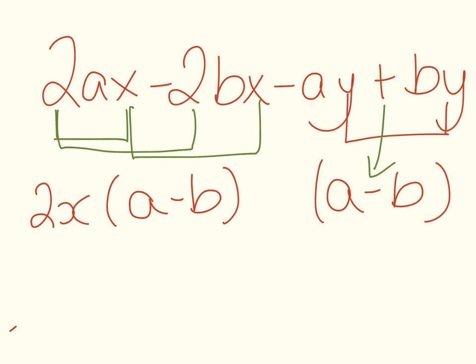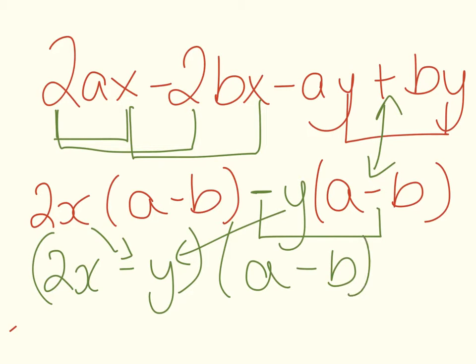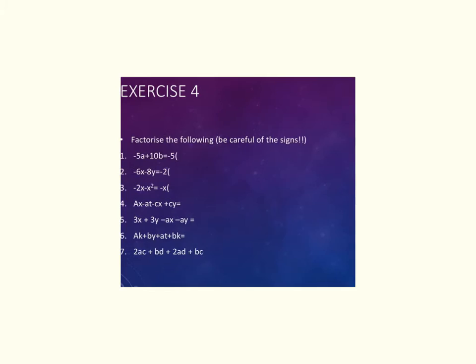Well, if I'm removing the y, it must be a minus y, so that a minus multiplied by a minus will bring me back to my plus. So my final answer reads 2x minus y, all multiplied by a minus b. So be very careful with your signs.